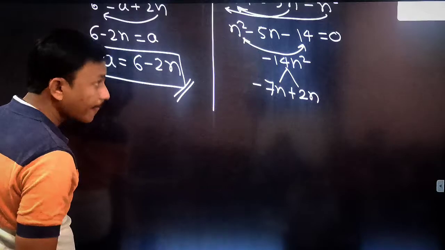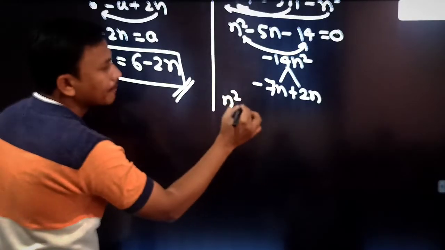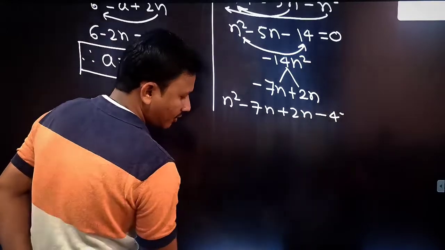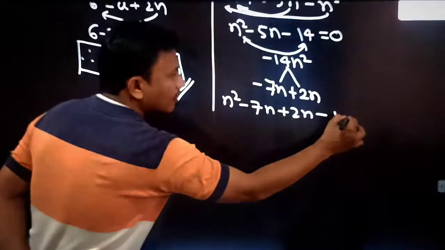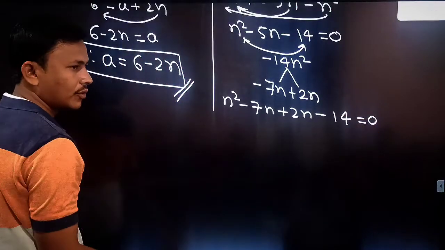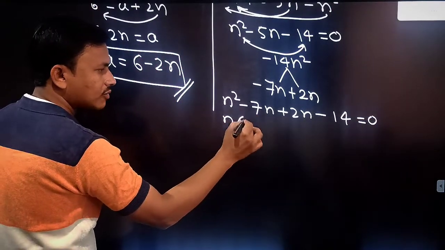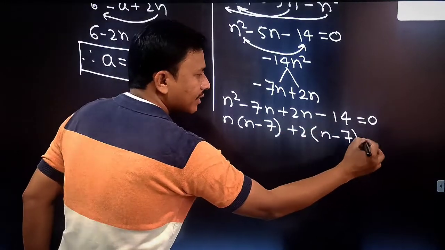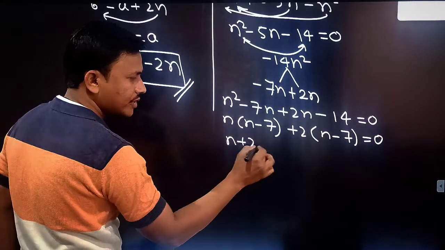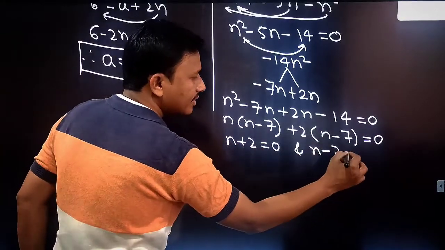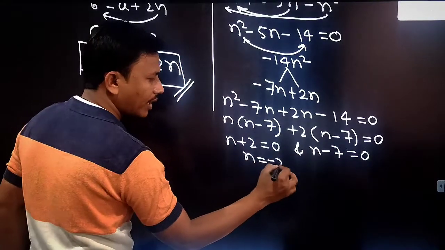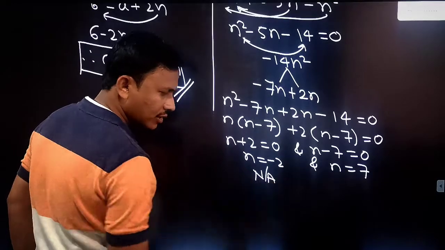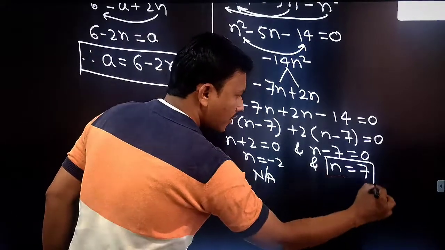What we got here: n square minus 7n plus 2n minus 14 is equal to 0. Here what is common? n is common, n minus 7 is common. n plus 2 into n minus 7 is equal to 0. n plus 2 is equal to 0 and n minus 7 is equal to 0. n is equal to minus 2 and n is equal to 7. n is equal to minus 2 is not applicable. Therefore n is equal to 7.